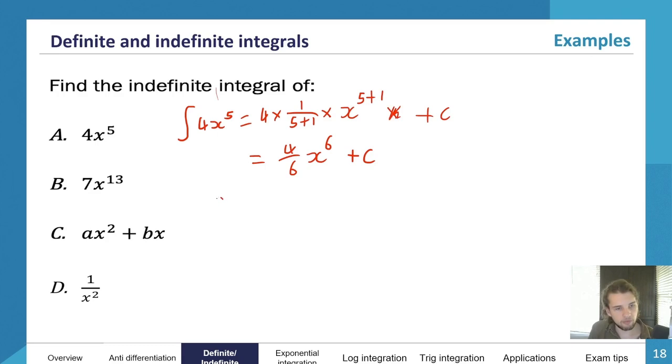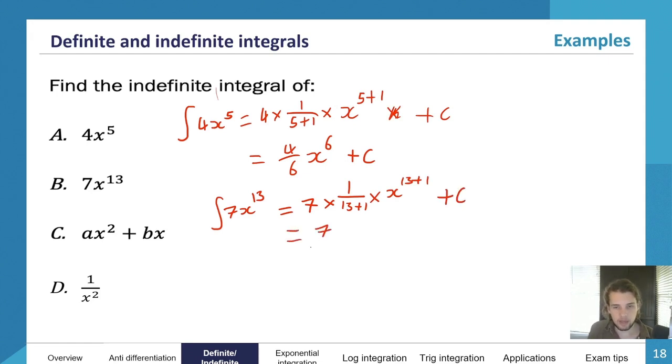So let's utilize the formula for 7x to the power of 13. That is equal to 7, so we have our constant value that we shouldn't forget, multiplied by 1 over 13 plus 1, multiplied by x to the power of 13 plus 1. Always remember to add that c on the end.